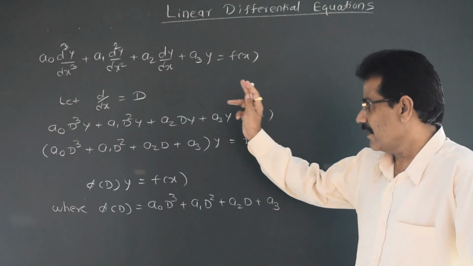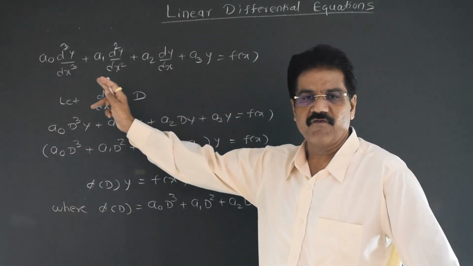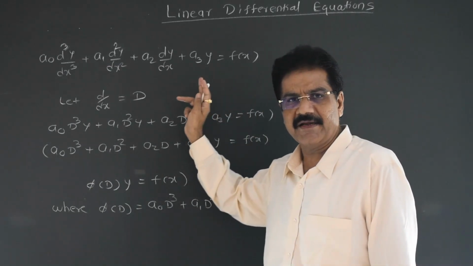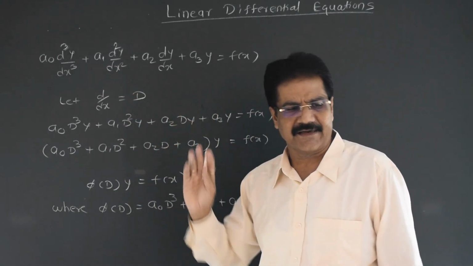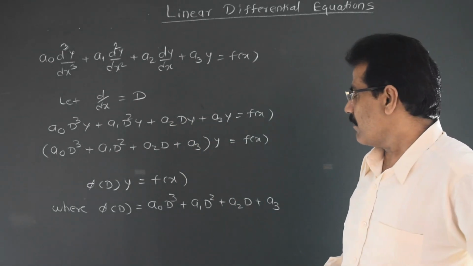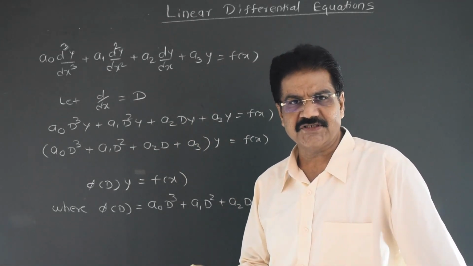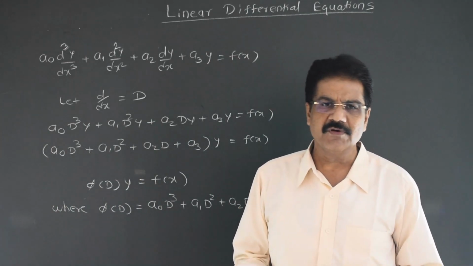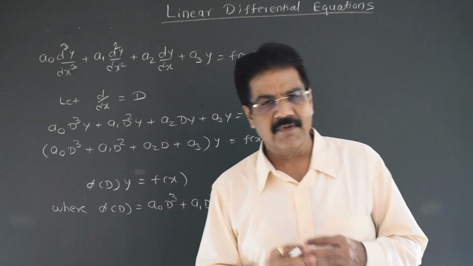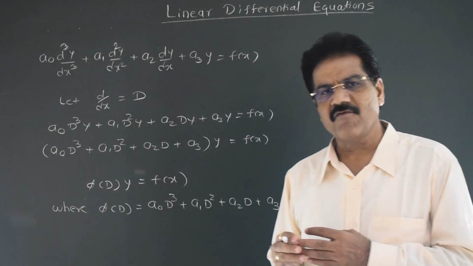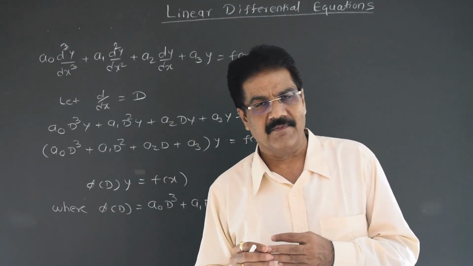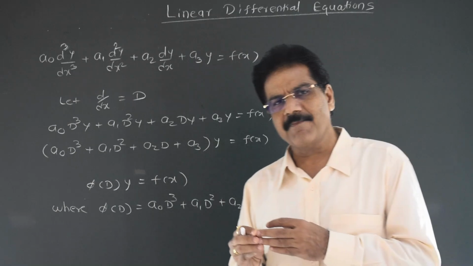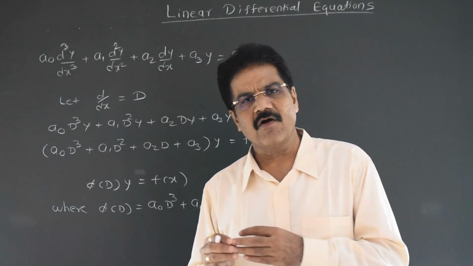You can observe that here the coefficients of all the terms, derivatives or dependent variable, are constants, like a0, a1, a2, a3, etc. Now whenever we talk about a linear differential equation with constant coefficients, you have to remember some points. Number 1, the power of y should be 1. Number 2, the coefficient should be a constant term. In other words, there should not be a product of a variable along with the derivative.